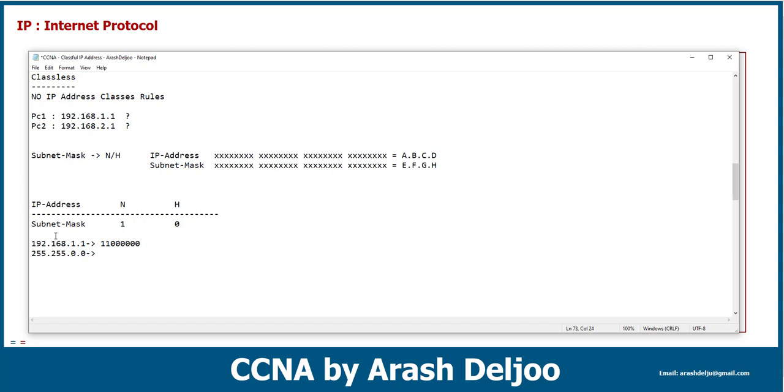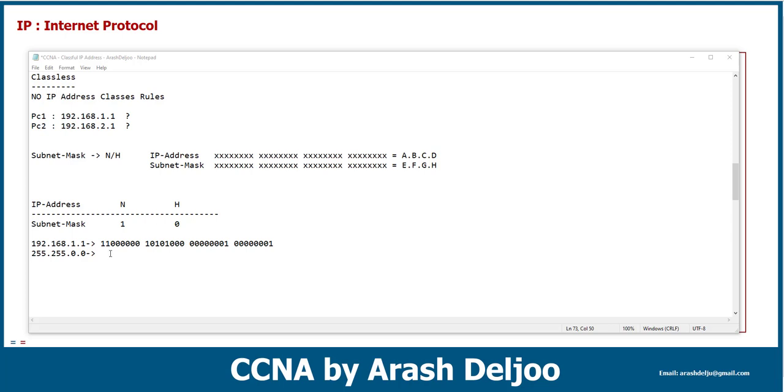After that 168 is 10101000, and then 00000001 and 00000001. This is 192.168.1.1 in binary presentation.